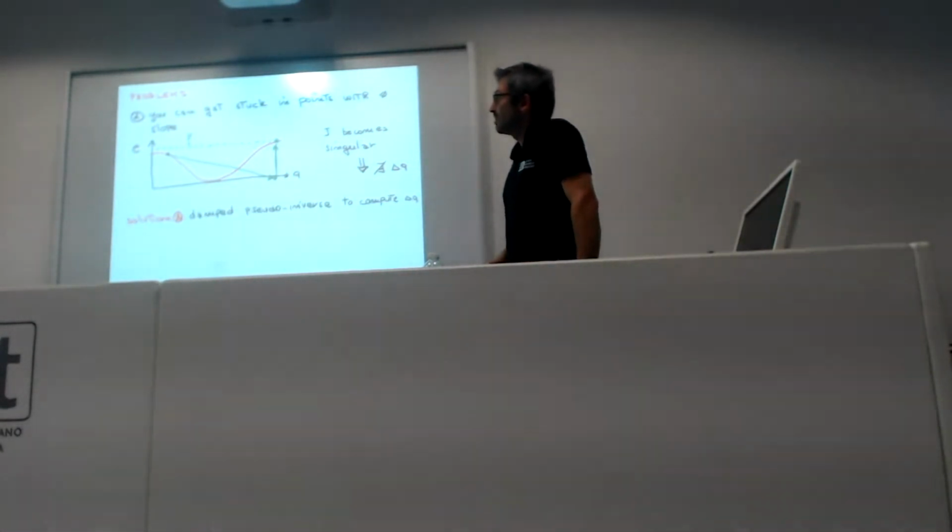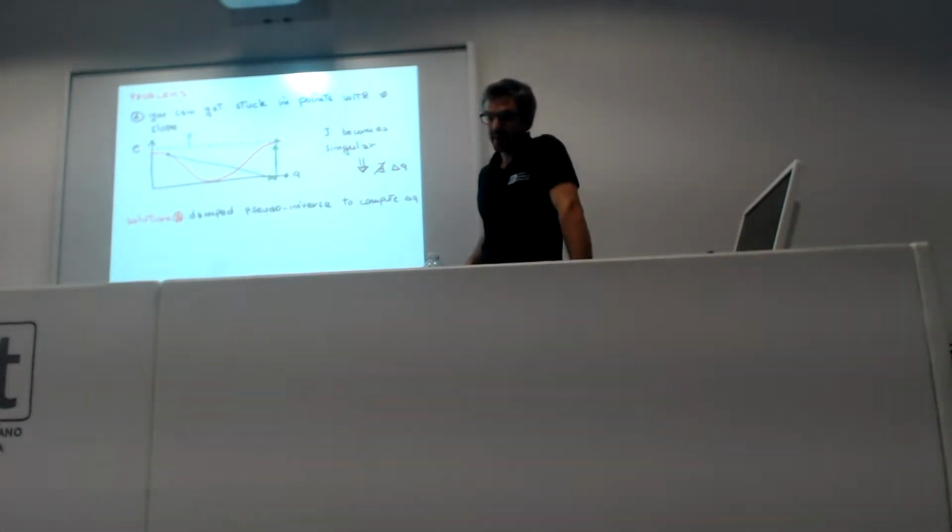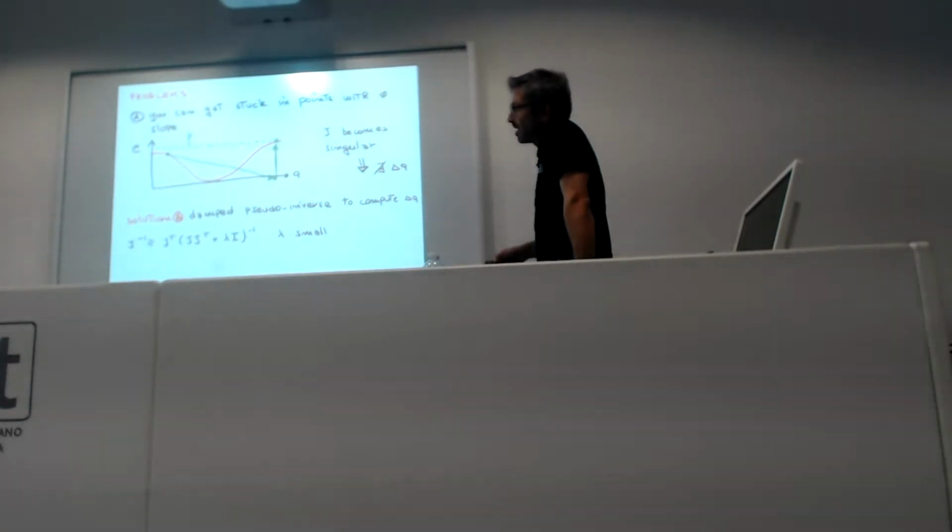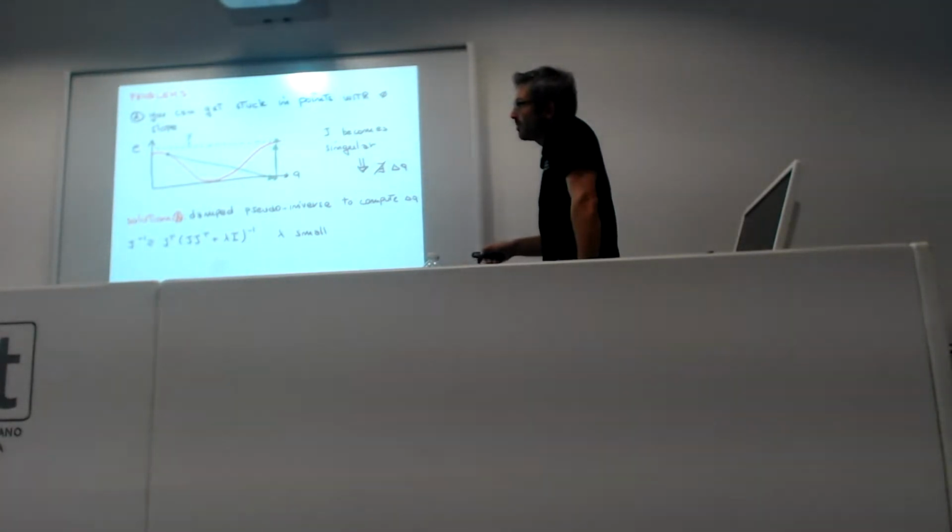The solution to this is to use a damped pseudo-inverse to compute the delta Q. So rather than doing the inverse of the Jacobian, we do a pseudo-inverse of the Jacobian with a damping term.